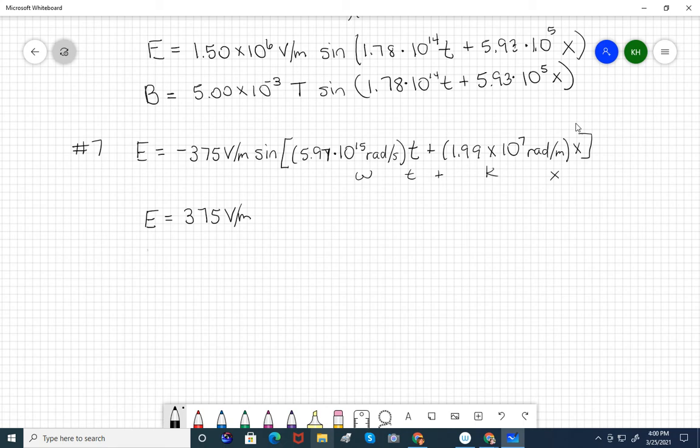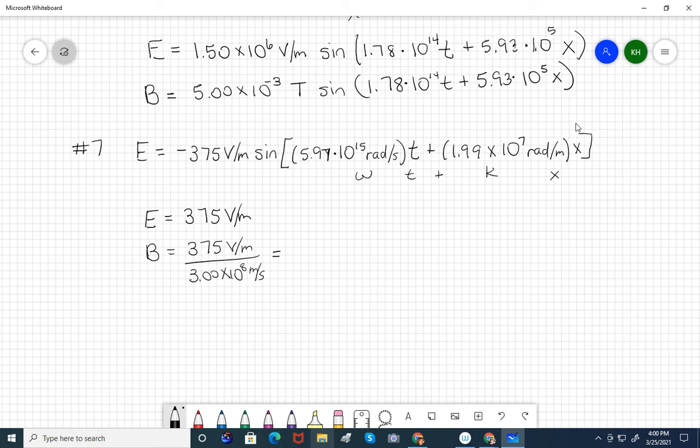The magnitude of B is going to be that number divided by 3 times 10 to the 8th meters per second. It's not obvious that that comes out in tesla, but if you play around with the units, you see that it does. 375 divided by 3 times 10 to the 8th.